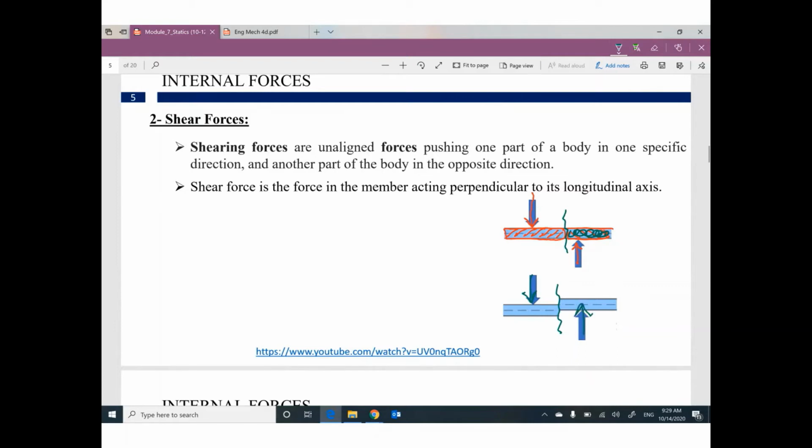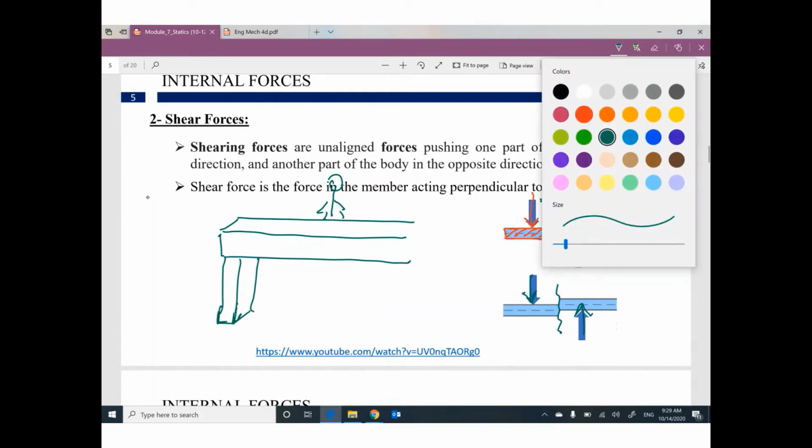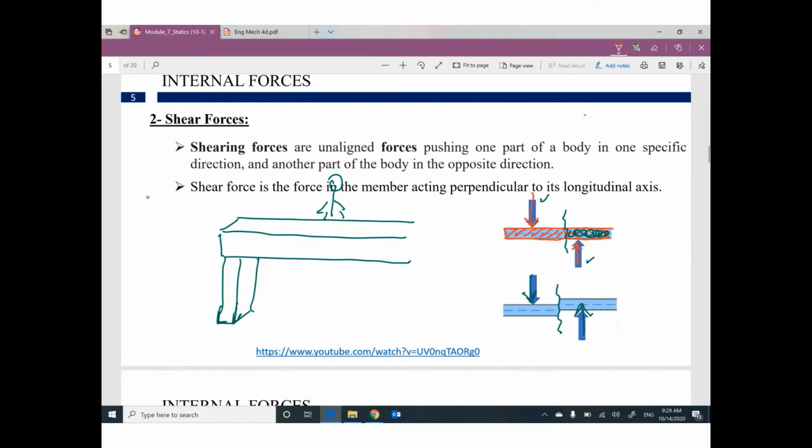One of you will ask a good question. How can I find a load coming down and another load coming up? Which case? Okay, I can tell you. Here is the beam, and right now you are sitting here. This beam is supported here by a column. We have a reaction coming from this column because this column represents a support.